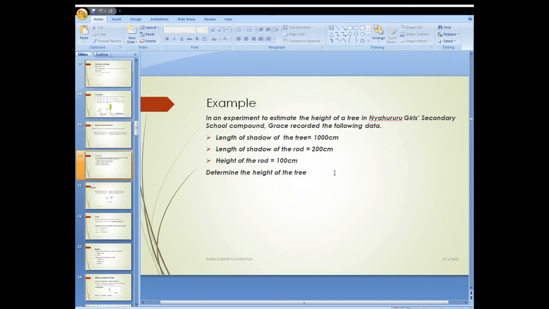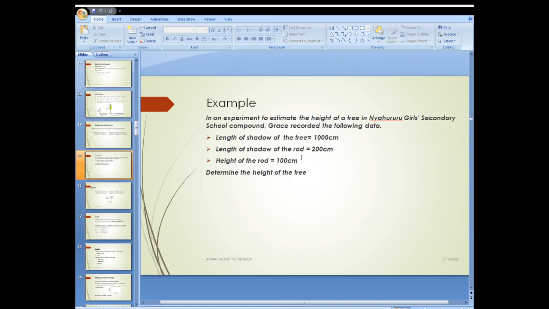Now look at this. In an experiment to estimate the height of a tree in Nyahururu Girls Secondary School compound, Grace recorded the following data. The length of the shadow of the tree is 1,000 centimeters. Length of the shadow of the rod is 200 centimeters. Height of the rod is 10 centimeters.